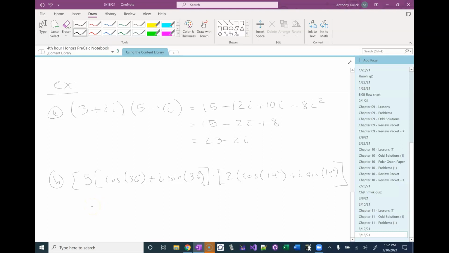So according to my last formula, I multiply the two coefficients together, so 5 times 2. And then I add the angles, so 36 plus 14 is 50. And I'm done.